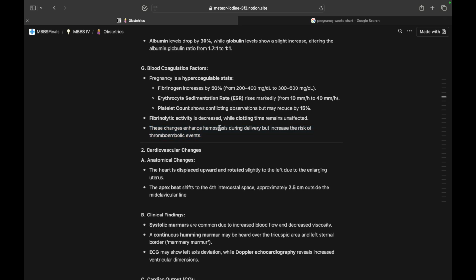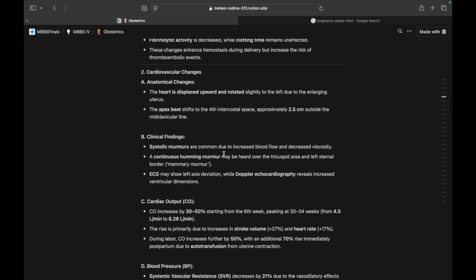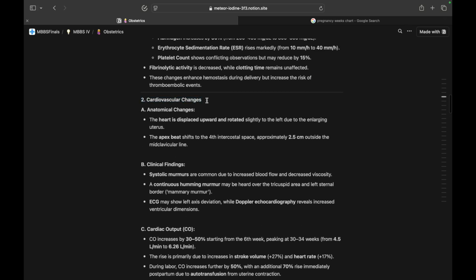Hemostasis, as I mentioned earlier, means you don't want to lose a lot of blood. So what do you need? You need to clot the blood whenever you start losing it, but it increases the risk of thromboembolic events. Since there is an upside during delivery, there is a downside throughout the pregnancy. Coming to the next one, CVS changes.